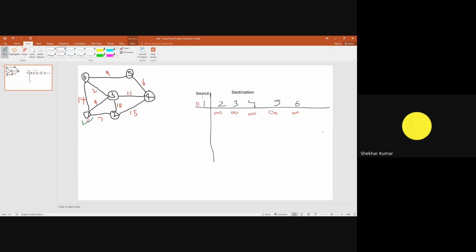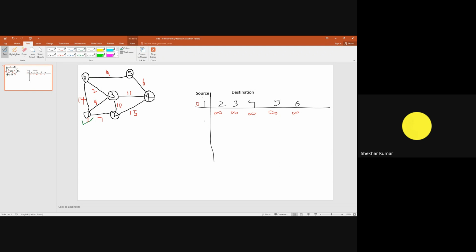Okay. From source 1, I can move to either node 2, node 3, or node 6.